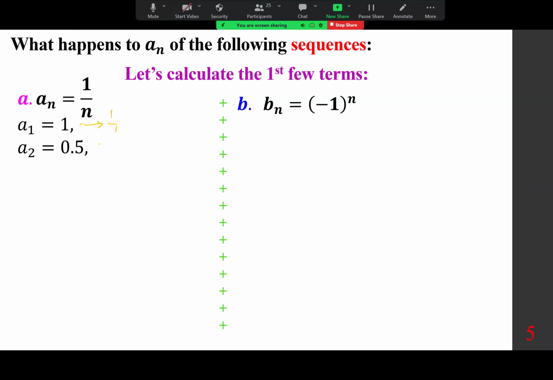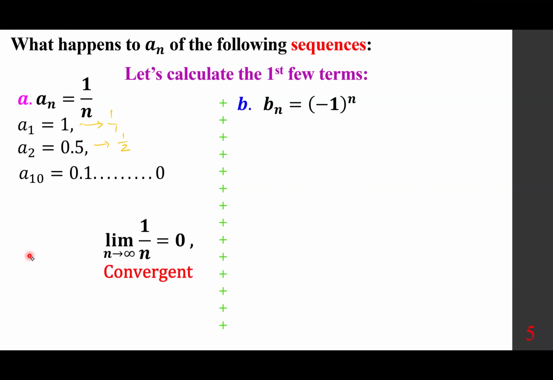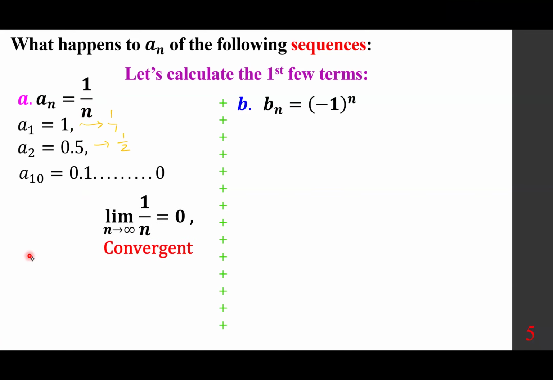And if I continue with that, I get 1 over 3, 1 over 4, 1 over 5, 1 over 10, or 0.1. And it's getting smaller, and I get to 0. So by putting in a few numbers, we should recognize this limit is 0, and therefore it's convergent.